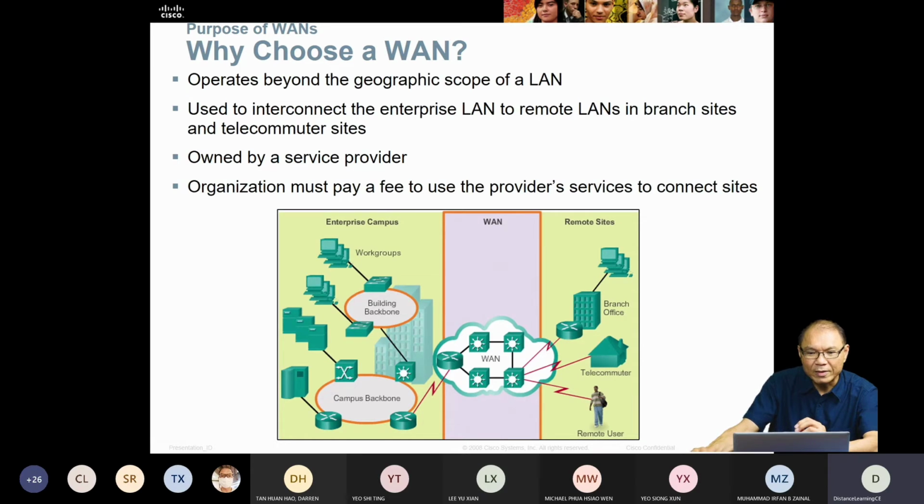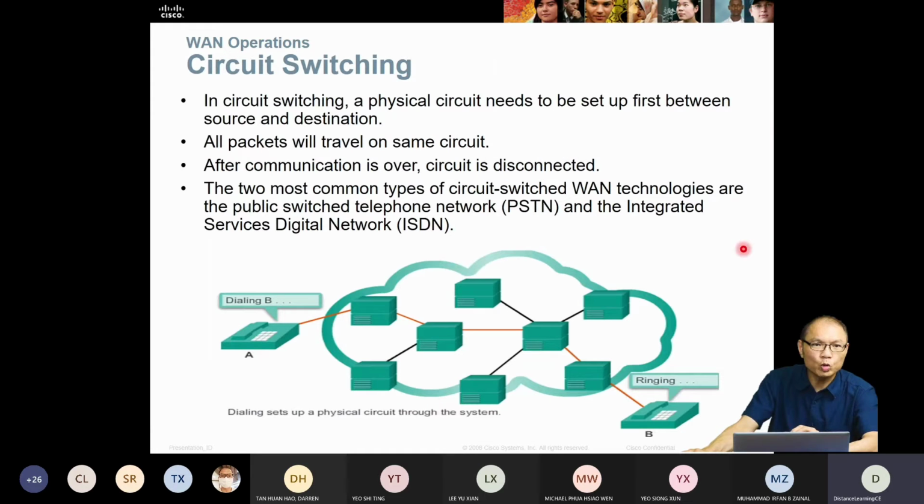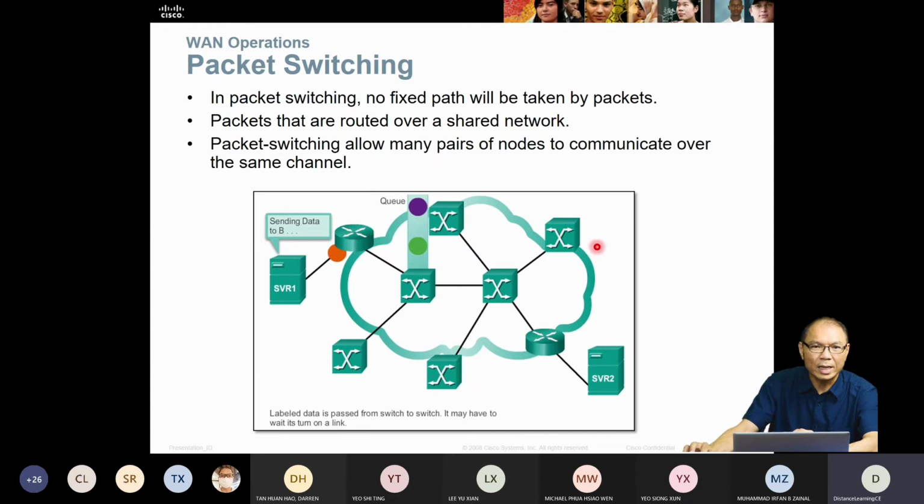After that, we described the scheme of things. Where does the wide area network exist in the OSI layer? It exists in the data link and the physical layer. And then we talked about the two well-known technologies today for wide area network. One is known as circuit switching. The other one is known as packet switching.